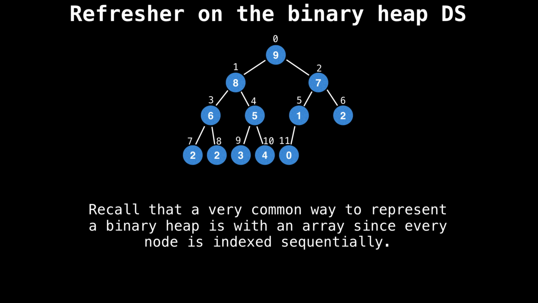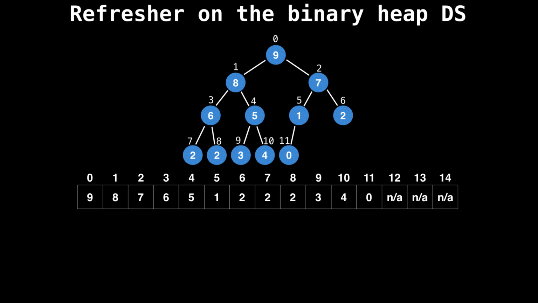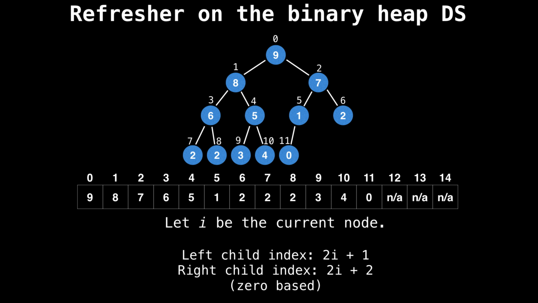Recall that a very common way to represent a binary heap is with an array, since every node is indexed sequentially. If we were to represent the following binary heap as an array, we would get this array of values. If we know the index of node I, we can figure out what its left and right child nodes are by using simple formulas.